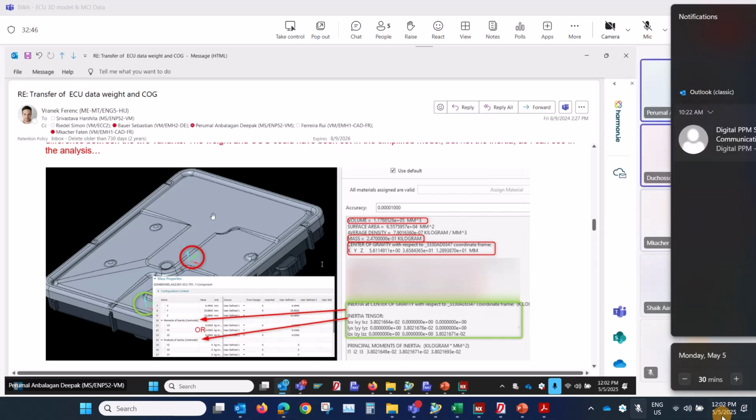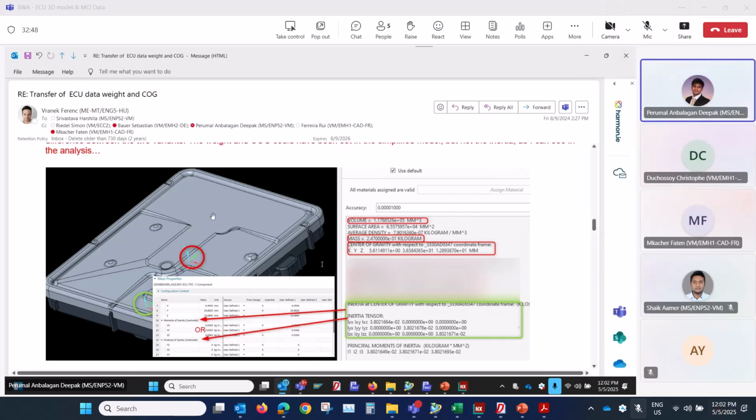Okay. Maybe if I understand right, for the ESP, the data which you find for the ECU, the data which you find in the CAD system, is random data. This is what you mean, right? Yeah, but in the CAD system of the customer, during the exchange with Volvo, not inside the Bosch CAD system.